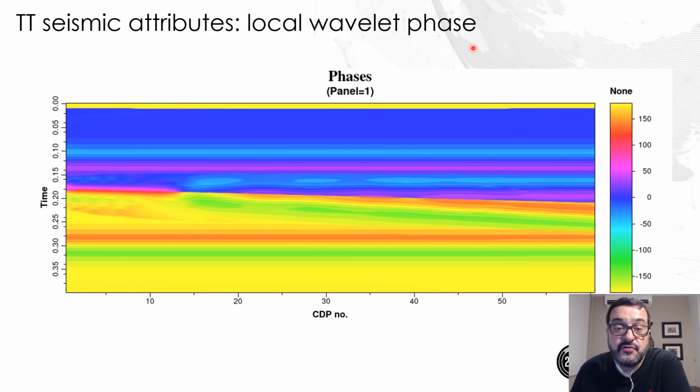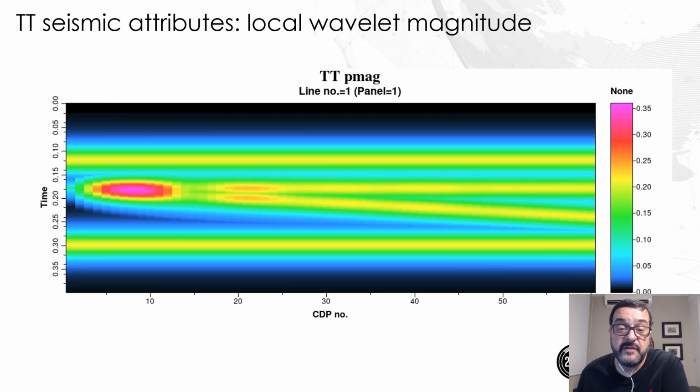This figure shows the local wavelet phase instantaneous attribute applied to the wedge model. We can clearly see in the tuning region that the phase rotates from 0 to 90 degrees and then to 180 degrees. This is the local wavelet magnitude that shows a high amplitude in the tuning region too.